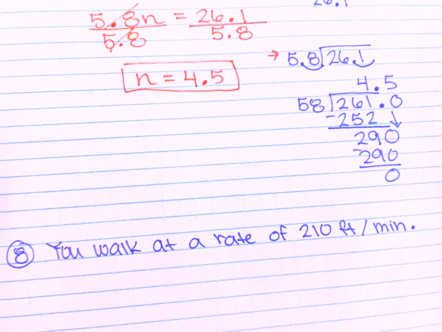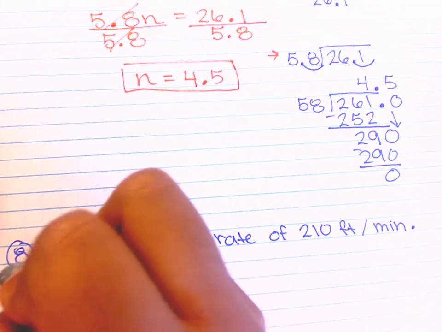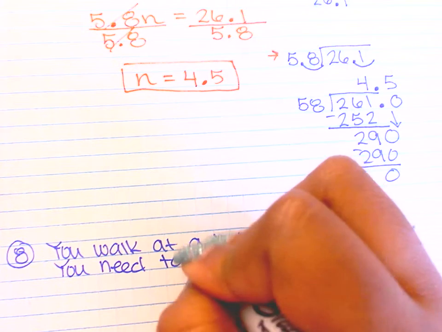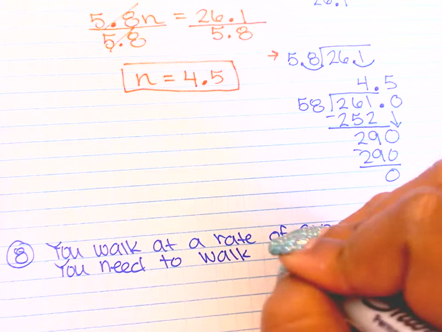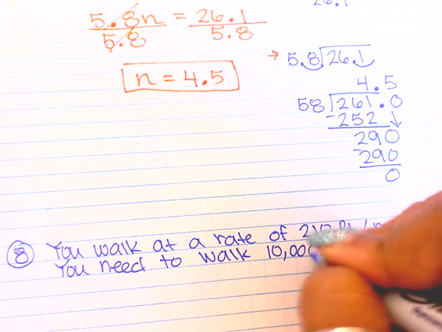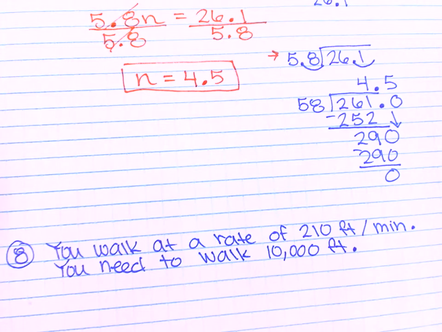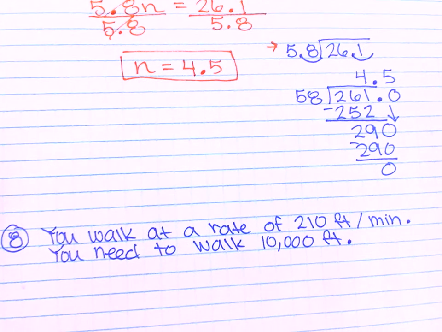That's the first sentence in the word problem. You need to walk 10,000 feet. That's the second sentence.